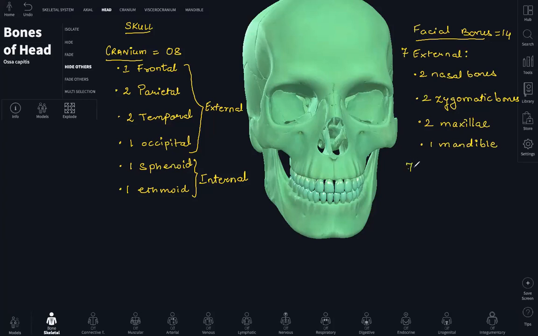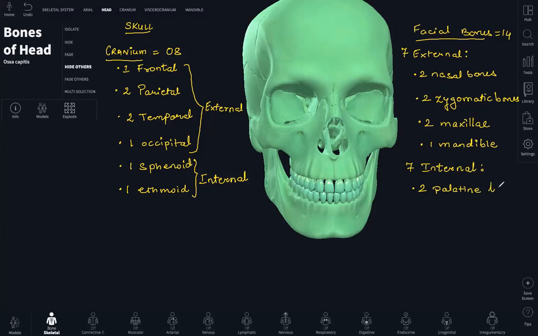Now coming to the 7 internal. The 7 internal bones include 2 palatine bones that form the hard palate, that is the roof of your oral cavity.